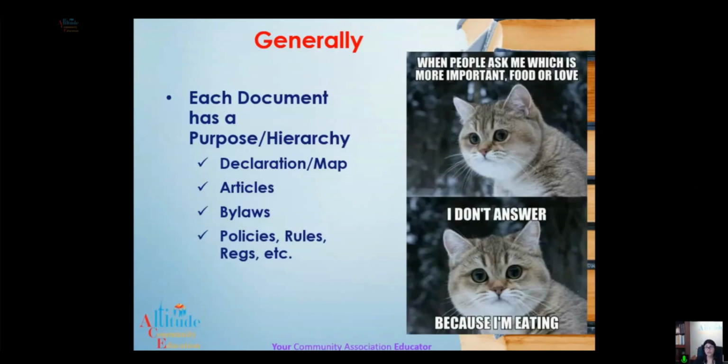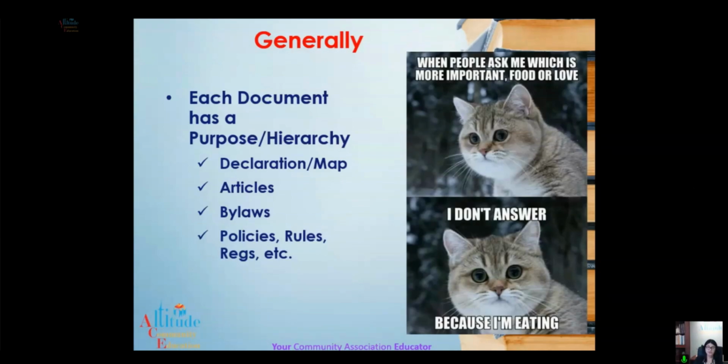So just really quick, the reason we have the declaration and the map together is because under Kiowa, there's actually a provision that says the declaration includes the map. So we know that the declaration and the map are two separate documents, but from a hierarchical perspective, they are one and the same, and so they hold equal weight.